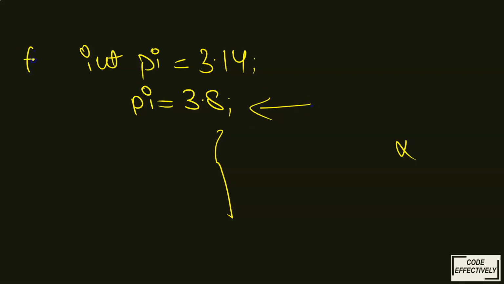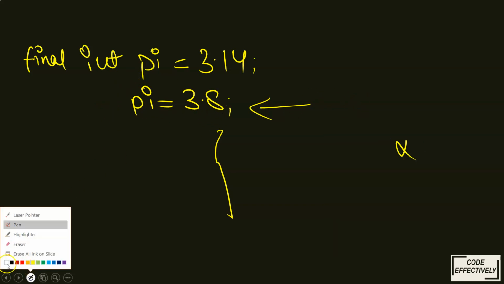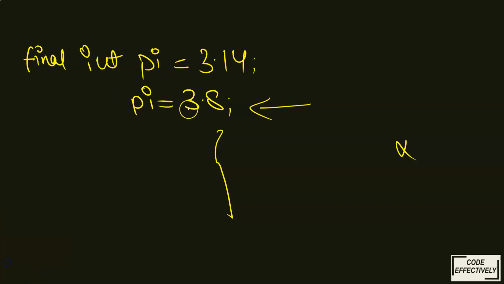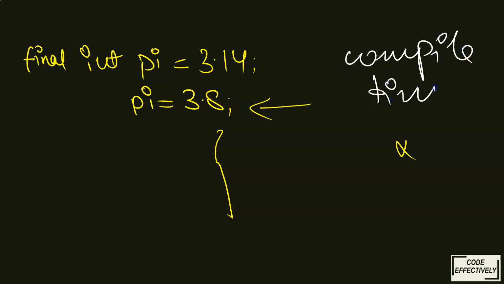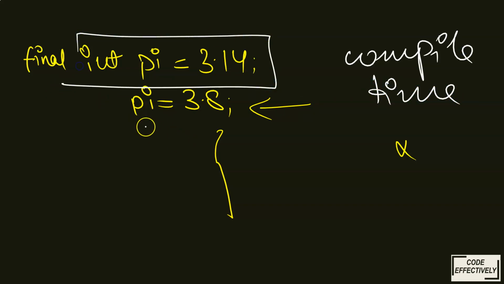For that we have to put the keyword final in front of int pi equals 3.14. Now if the mischievous coder comes again and sets the value of pi to 3.8, it will give a compile time error. It will say that pi is final, or a constant. You cannot change the value.